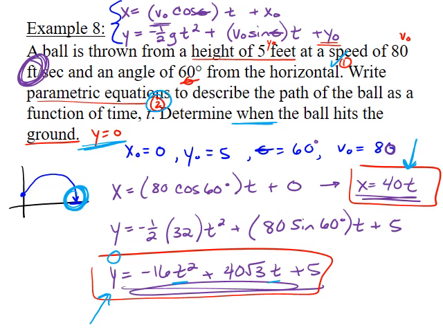Now, one thing I want to mention is that if I extend this, I'm going to end up going back in time, which is not what we want to do. Notice that there are 2 values in which the height is 0. We will not want this one because it will be negative, so we will only want this answer. So just know that as we move forward.